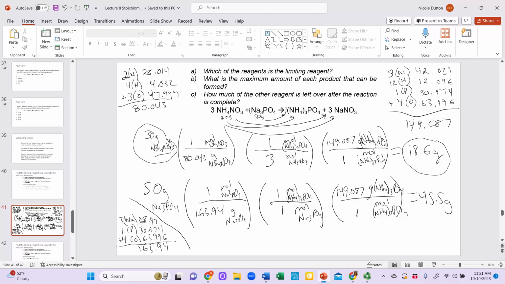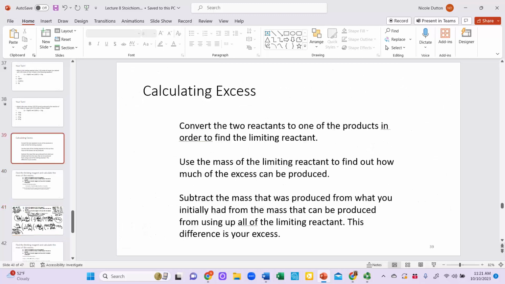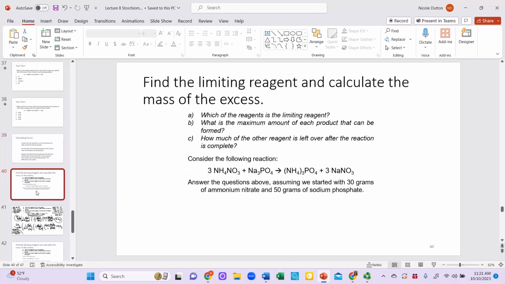We can either convert from 30 grams of NH4NO3 to the excess reactant of Na3PO4, or we can convert from the product of 18.6 grams to figure out how much Na3PO4 can be produced from that. Use the mass of the limiting reactant to find out how much of the excess can be produced.